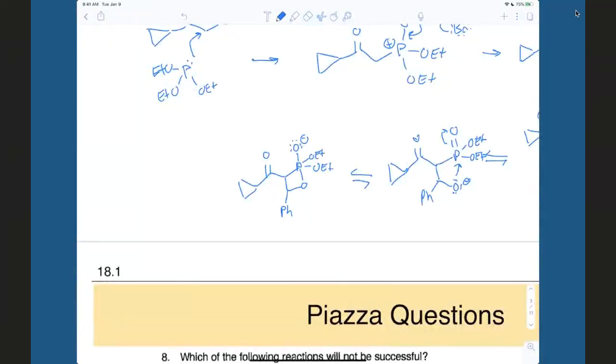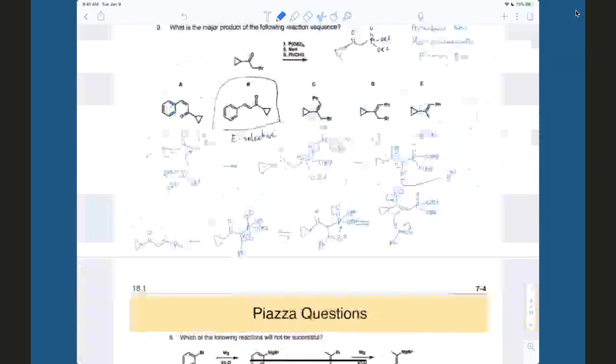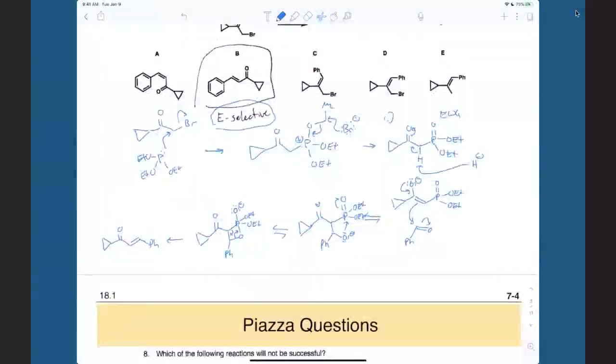So similar to the Wittig reaction, this will just break apart where phosphorus is going to get even more oxygen bonds. And out comes a double bond. So if you go back to the solution, I said that this is E-selective. So usually the thermodynamic product results. That's because these addition steps are reversible.